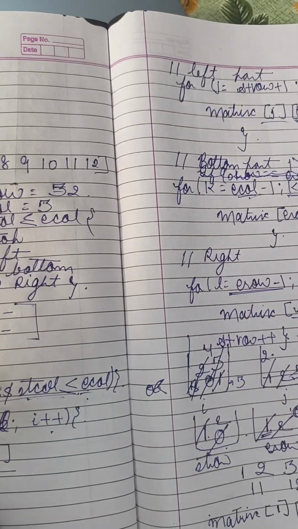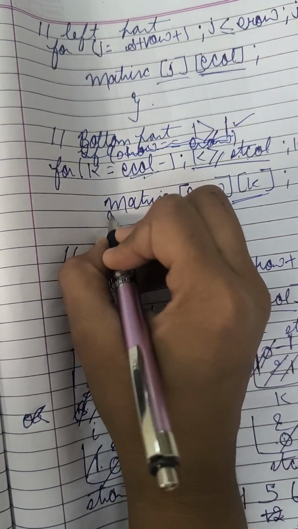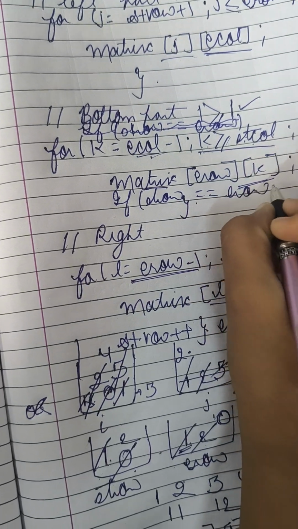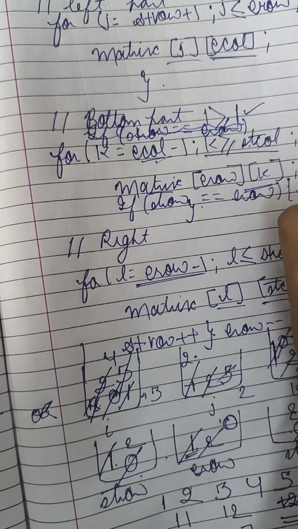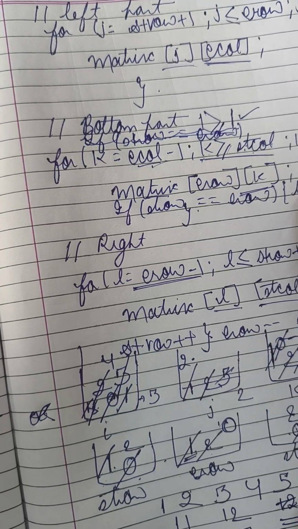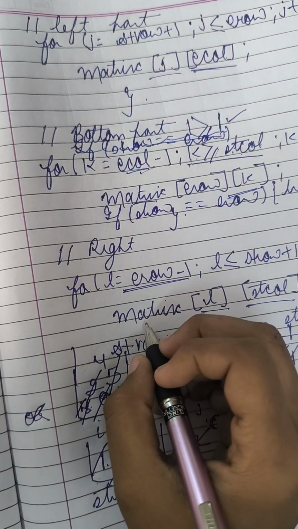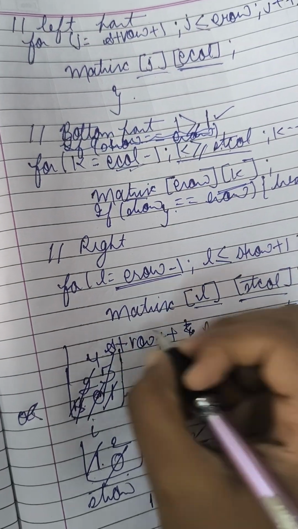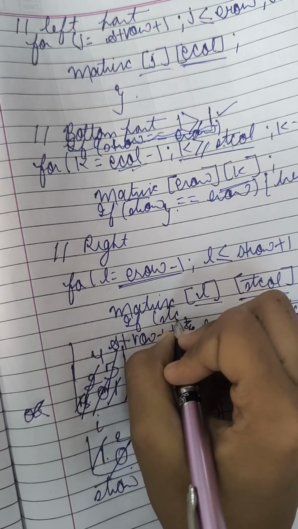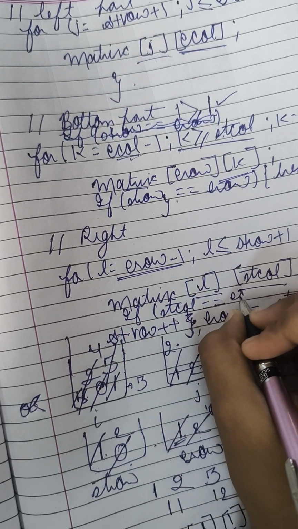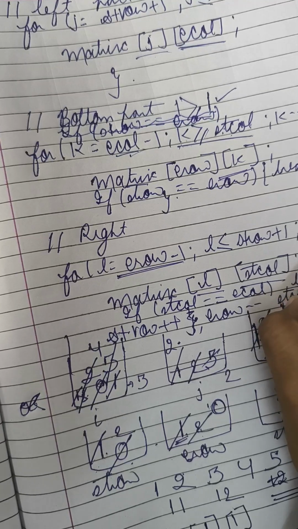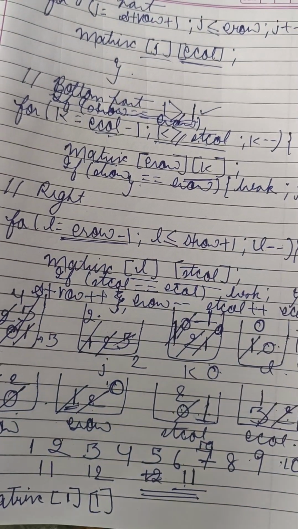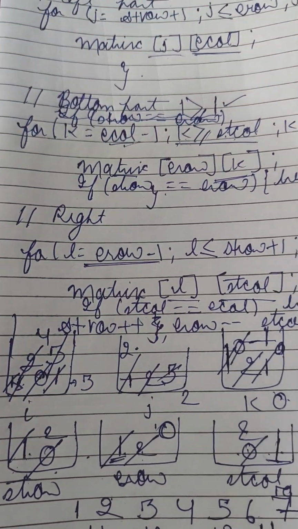Now you are going to apply the condition over here, that if my starting row equals to ending row, then break it, and apply the condition for the right part also. Okay, apply the condition for the right part also. If my starting column equals to ending column, then break it. So after applying this condition, the elements are going to be printed in the correct order.